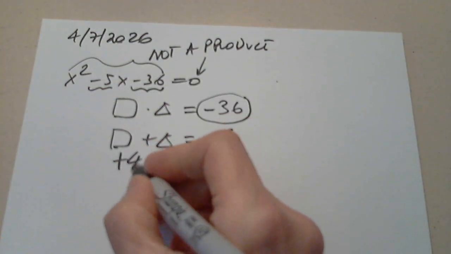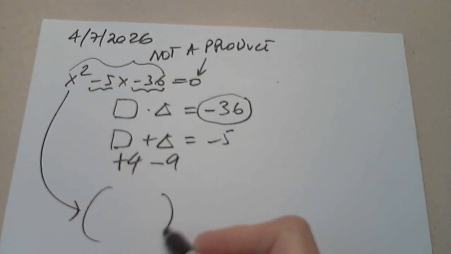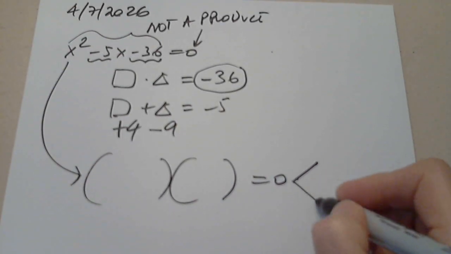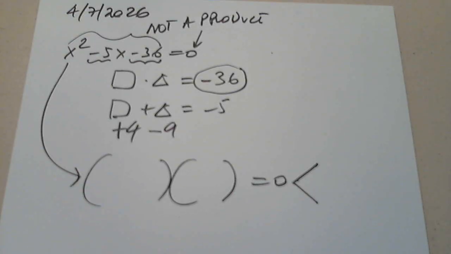Indeed, -9 and 4. So therefore, I use the factored form. I have 0 on one side, and then I can automatically find the solutions. But I need the factored form first. So what will be the factored form? Of course, I have to use the numbers that I just determined.